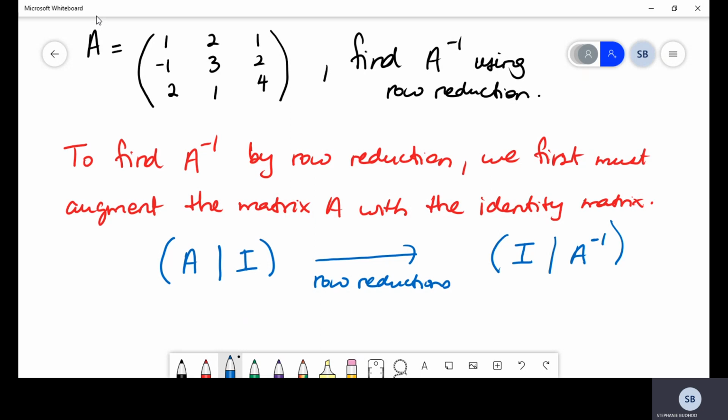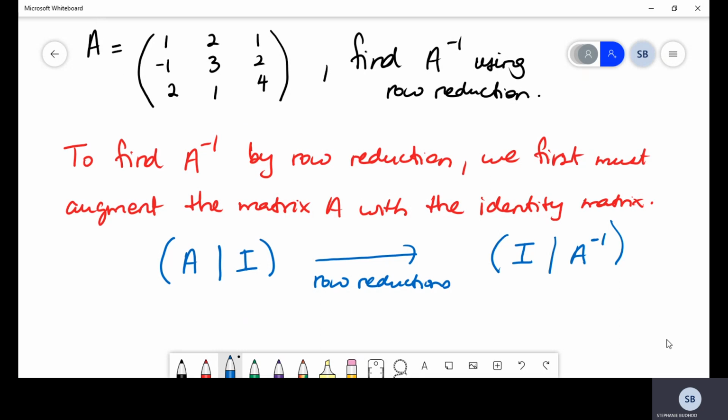Okay, so this is the essential key towards finding the inverse of a matrix via the process of row reduction. You must always augment your original matrix with the identity matrix. Let's look at an example.